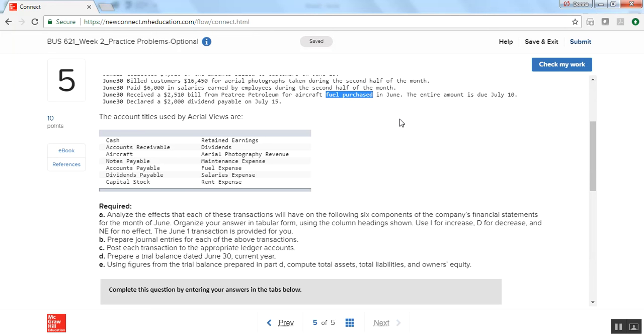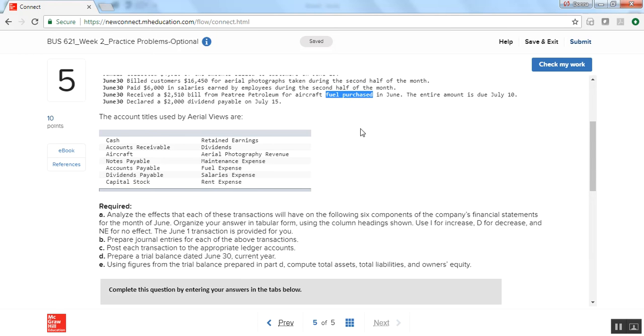If we don't pay it immediately, it's going to be a payable. The way that I like to think about it is receivables are for revenue, R and R. Purchases are payables, P and P. So that's how you can remember if it's a receivable or a payable. Are you purchasing something? It's a payable. If it's for revenue, it's a receivable.